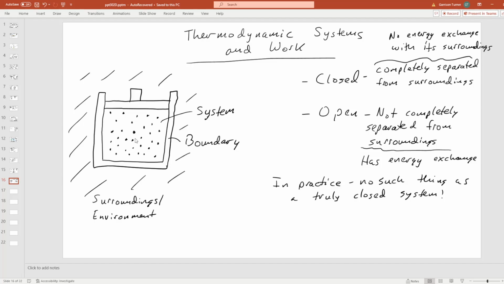This just means that on average, all of the particles have the same essential properties. There aren't particles that have different pressures inside the container.